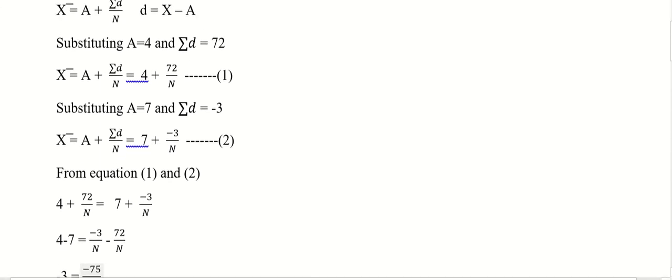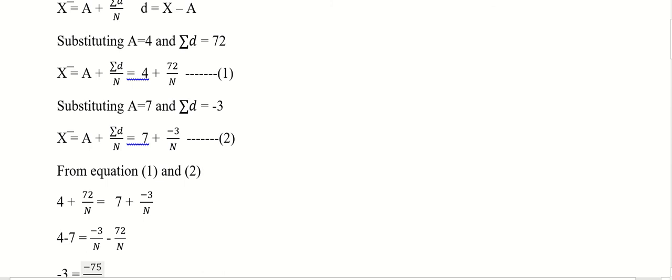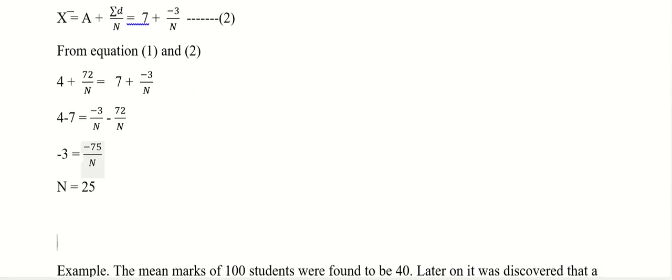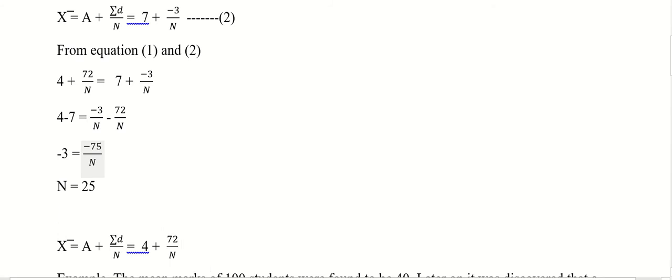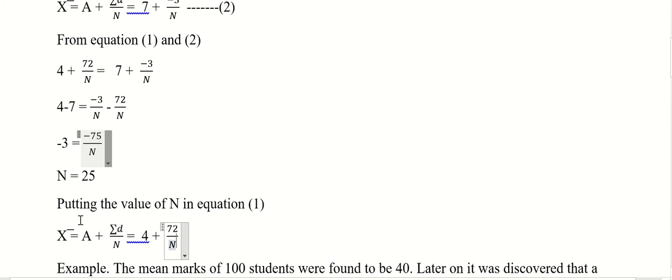Now we can put this value of n in any equation, equation 1 or 2. I am putting it in equation 1 here. So putting the value of n in equation 1, at the place of n, I'm writing 25, right?